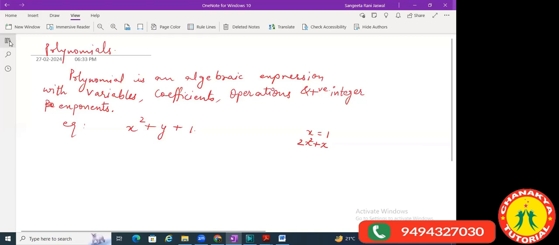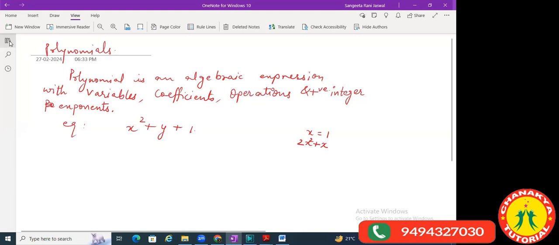Any equation which has more than one term, we call it a polynomial. Binomial is also a polynomial. Trinomial is also a polynomial. And if you have more than three terms, that's all included. Poly means many.